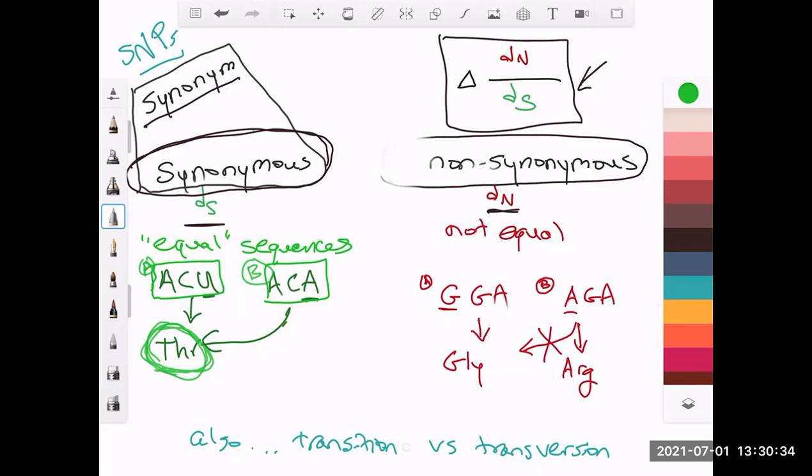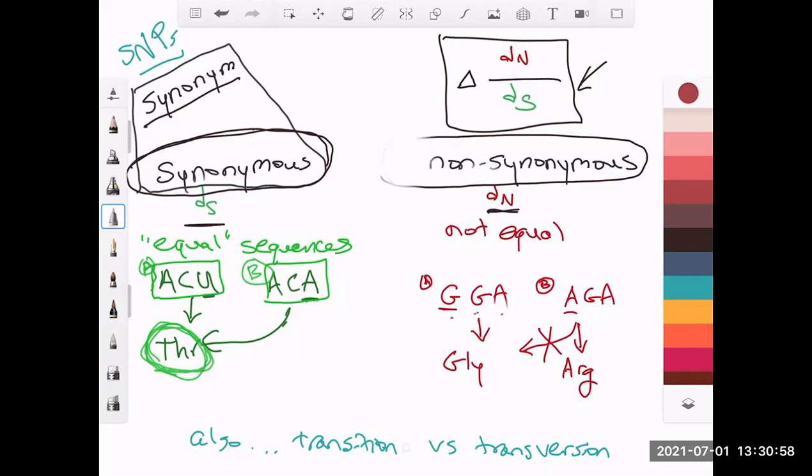I guess you could kind of guess at this point what a non-synonymous mutation is. This means that the mutation is not equal. It codes for a different amino acid. And so here we see the first sequence, A, is GGA.